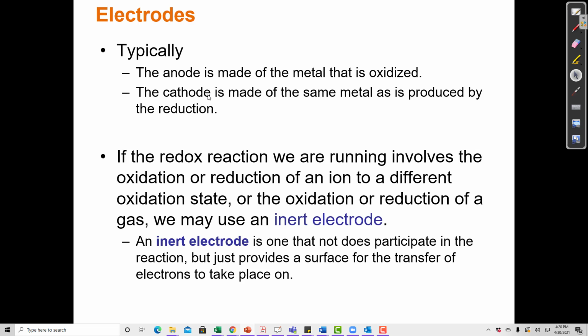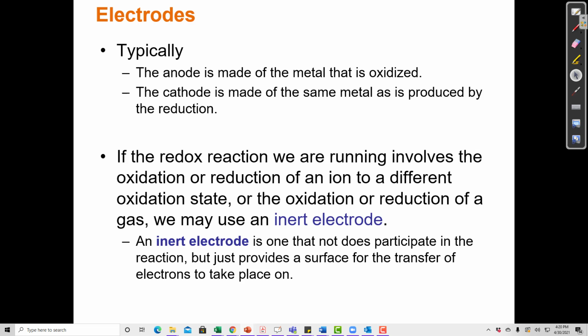So if the redox reaction we are running involves oxidation or reduction of an ion to a different oxidation state, maybe the reaction we're running is not iron 2 plus to iron 0, solid iron metal, but iron 2 plus to iron 3 plus. So there's no solid iron metal involved in the redox reaction, and the electrode does not need to be made of solid iron metal. So sometimes in those cases, we use just an inert electrode.